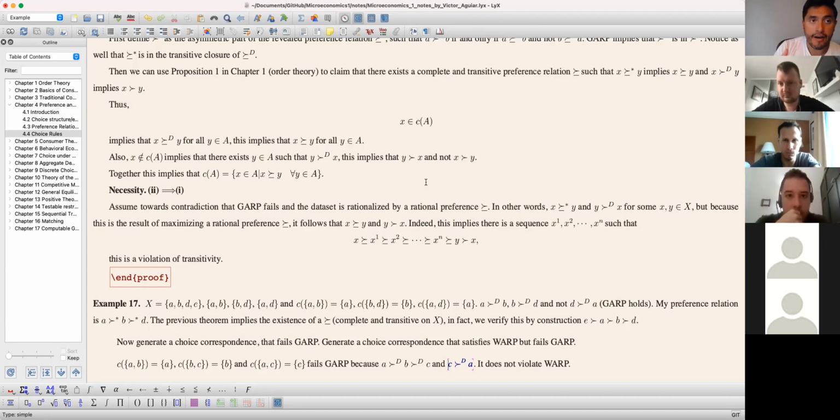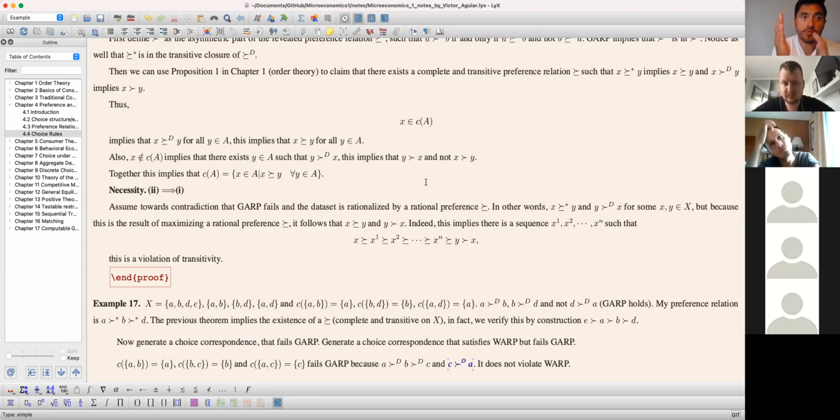Then in the next chapter, in more structured environments with budget sets, I'm going to provide an extension theorem that is constructive. That's going to be done in chapter 5, what is called Afriat's theorem, where I am going to build a preference relation that is complete and transitive through the construction of a utility function from a data set that satisfies the generalized axiom of revealed preference.